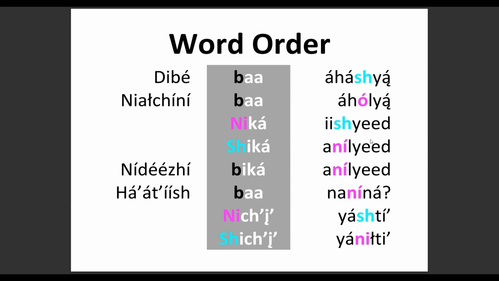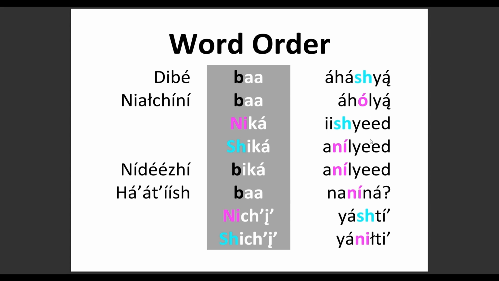So now, what if there is a postposition? If it requires a postposition, keep in mind now the letter B is highlighted in black, and that's the third person object pronoun. So the first column is an object.